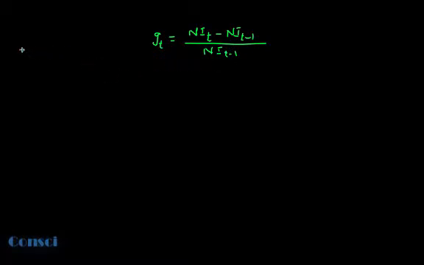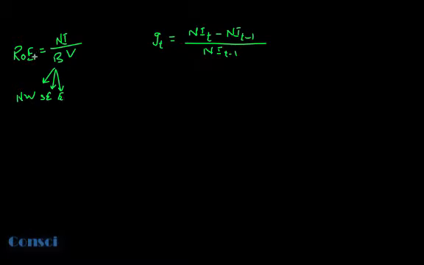Now we will keep this basic computation in mind, that ROE is equal to net income divided by book value. Now this book value I am referring to as net worth. This is also called shareholders' equity or just equity.